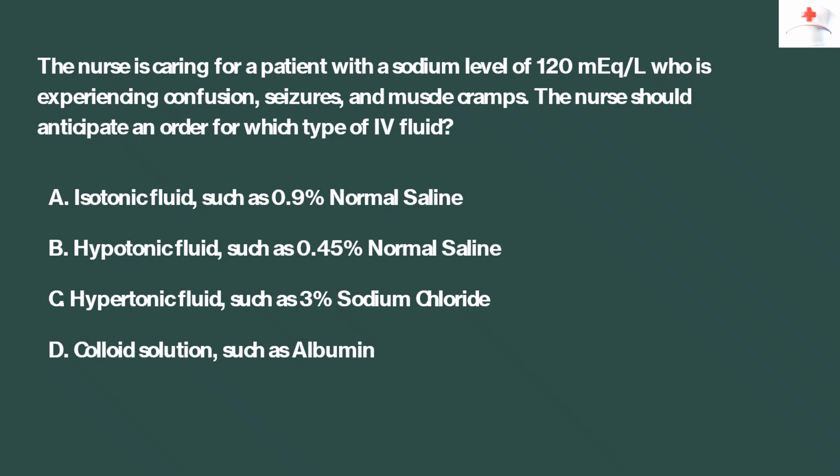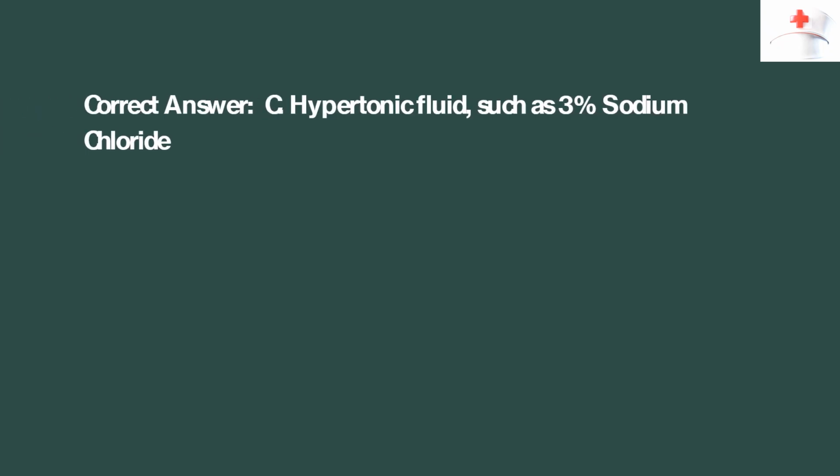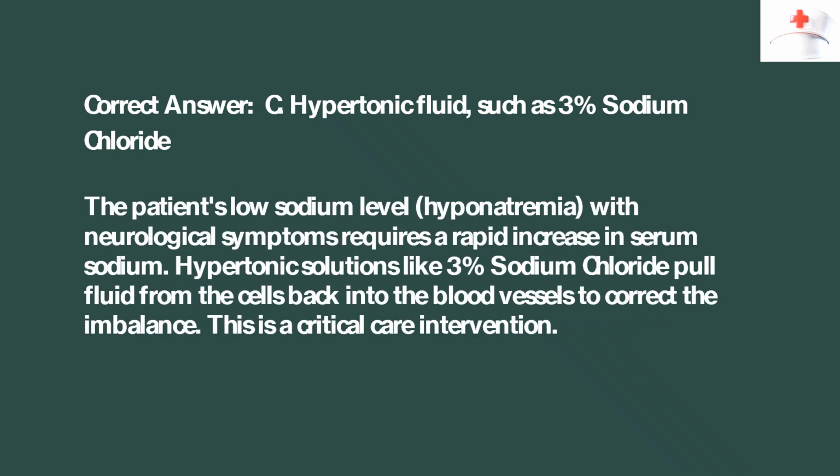D. Colloid solution, such as albumin. The correct answer is C. Hypertonic fluid, such as 3% sodium chloride. The patient's low sodium level, hyponatremia, with neurological symptoms, requires a rapid increase in serum sodium. Hypertonic solutions like 3% sodium chloride pull fluid from the cells back into the blood vessels to correct the imbalance. This is a critical care intervention.